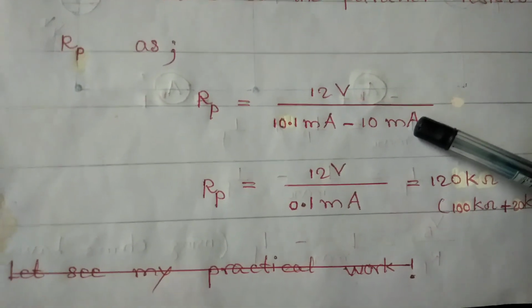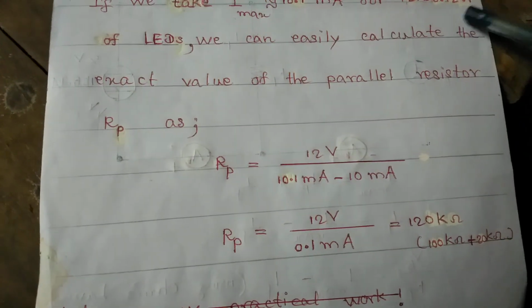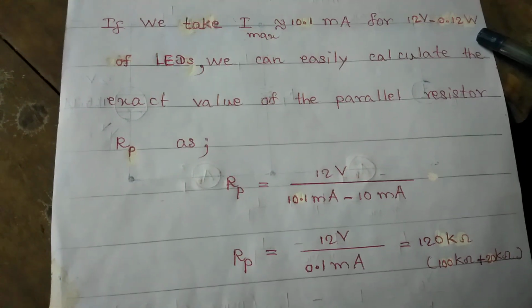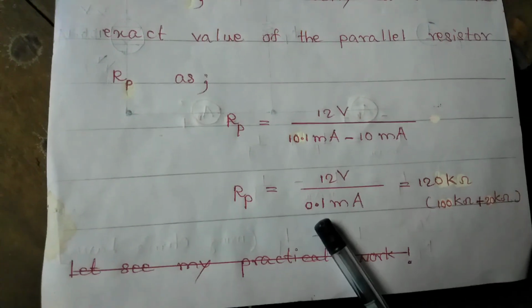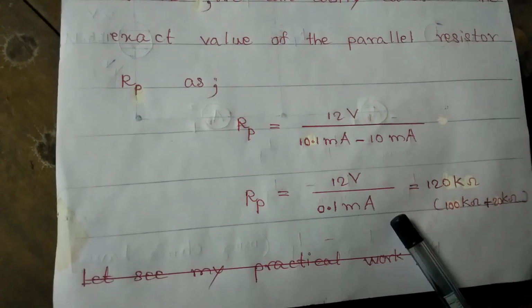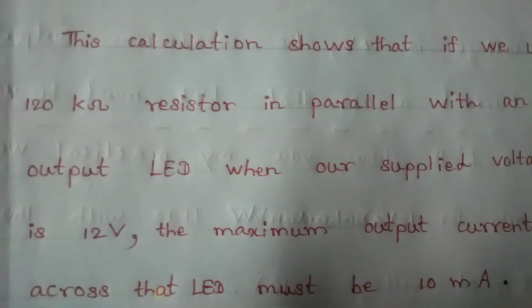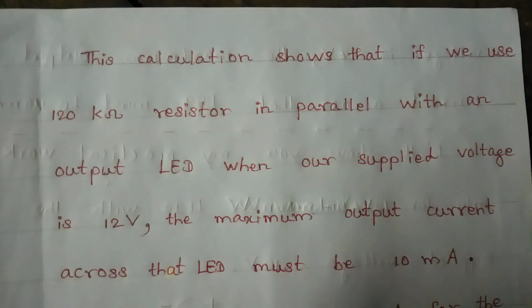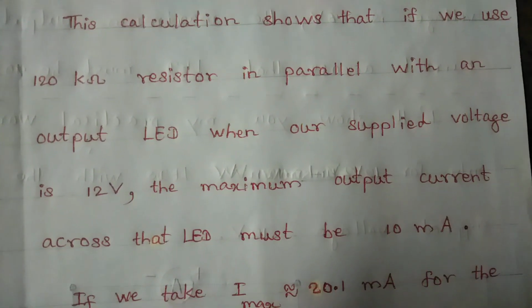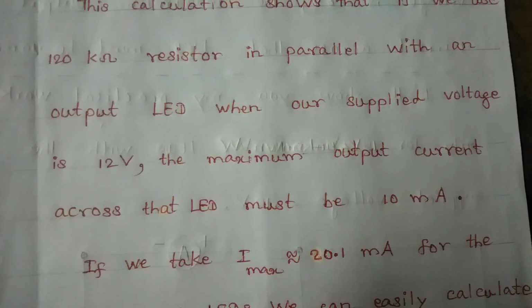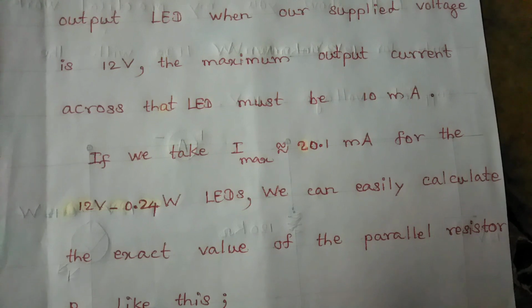This 10 milliamp, you know, is the ratio of the power of the LED to its potential difference. So RP is equal to 12 volts divided by 0.1 milliamp, equal to 120 kilo-ohm. This calculation shows that if we use a 120 kilo-ohm resistor in parallel with an output LED, when our supply voltage is 12 volt, the maximum output current across that LED must be 10 milliamp.